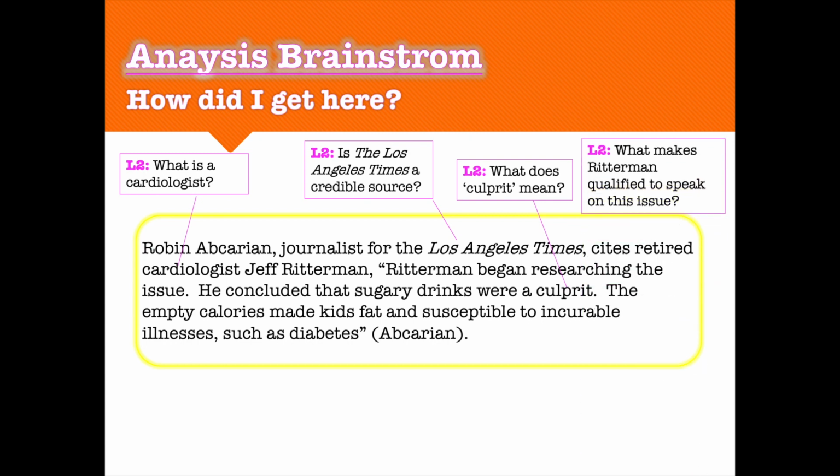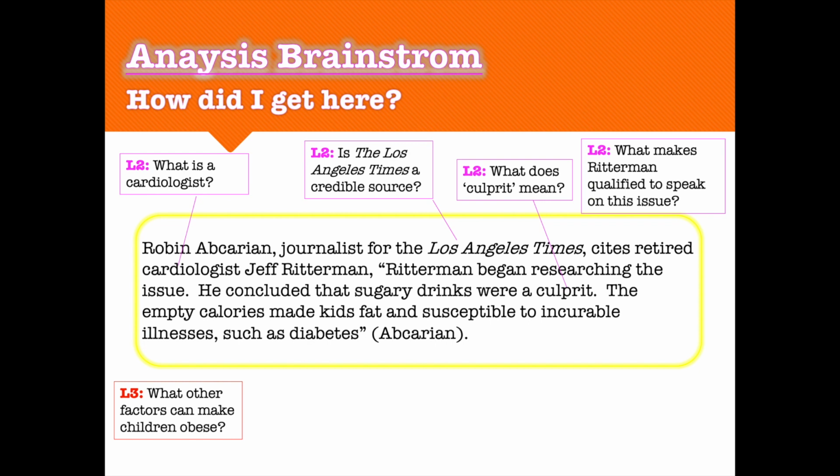What makes Ritterman qualified to speak on this issue? So I see that he's a cardiologist. Is he someone who's qualified to speak on sugary drinks making kids susceptible to incurable illnesses? And yeah, because diet is a huge part of, well, cardiologist is a heart doctor, simply put. And diet has a huge impact on the health of our hearts. And so he would be someone who is qualified, but I'll answer that later.